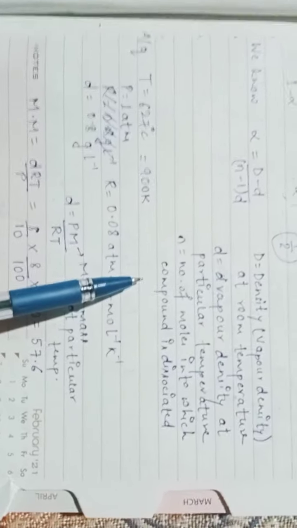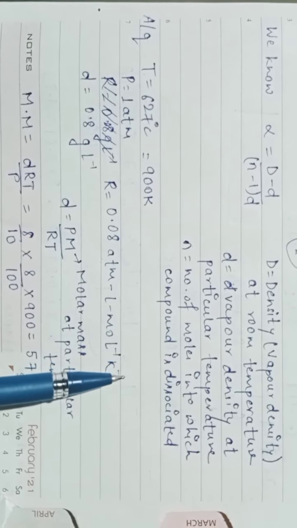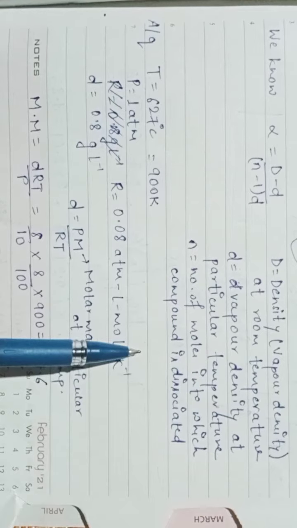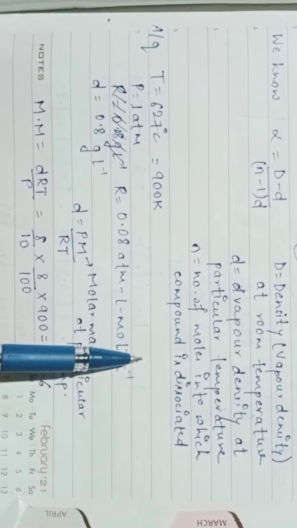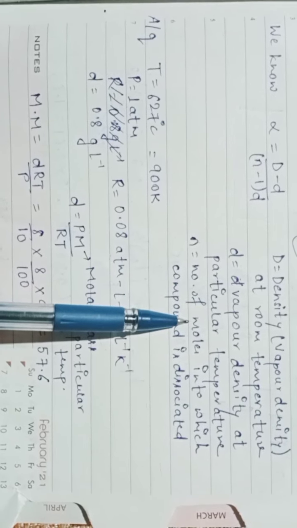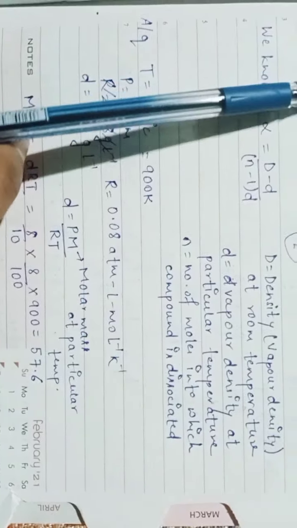Here one thing you have to notice about the formula. There is a formula Kp is equal to Kc (RT) to the power delta n, where delta n is the number of gaseous products minus the number of gaseous reactants. But here the n only denotes the number of moles into which the compound is associated. For example, here SO3 is dissociated into 1 mole of SO2 and half mole of O2.